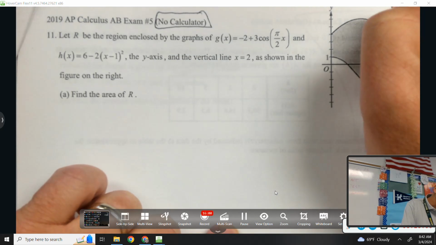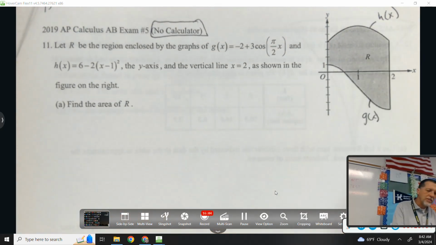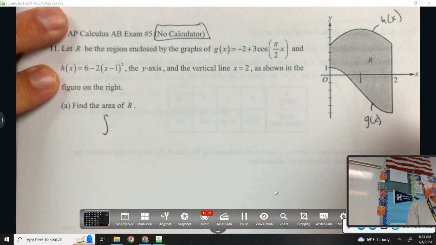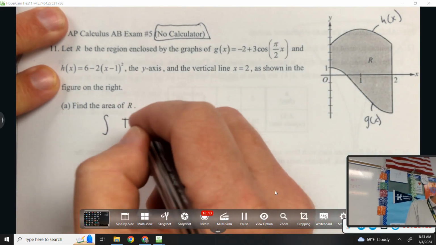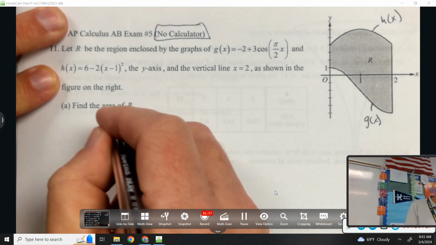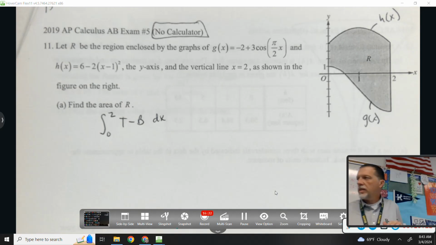That's G, that's H, just because I know what an upside down parabola looks like, and this looks like a cosine graph. So the area of R would be top minus bottom from 0 to 2.